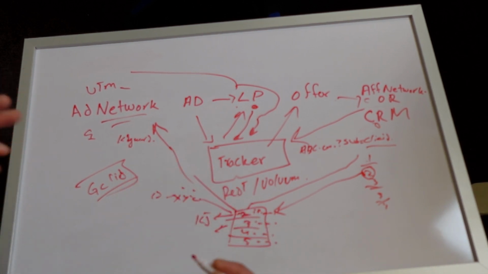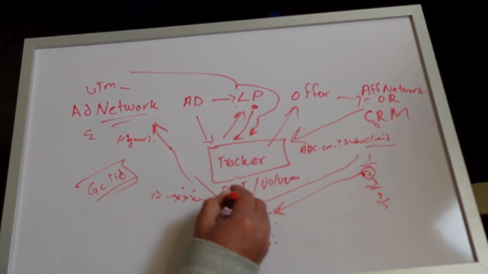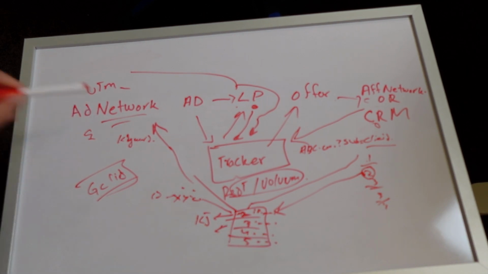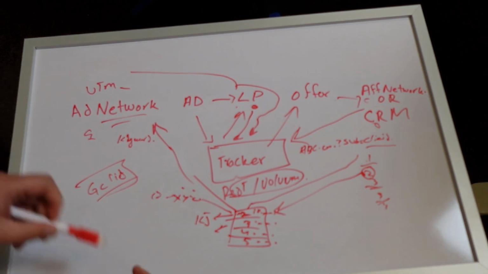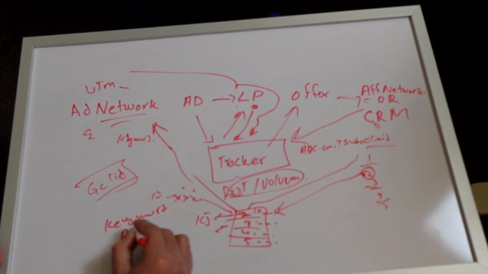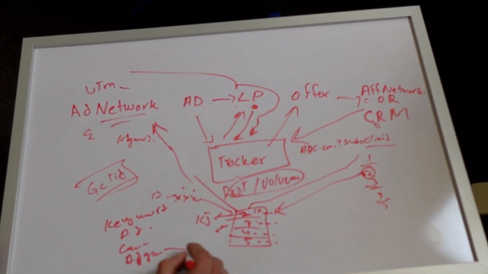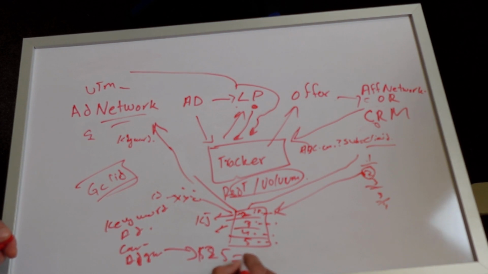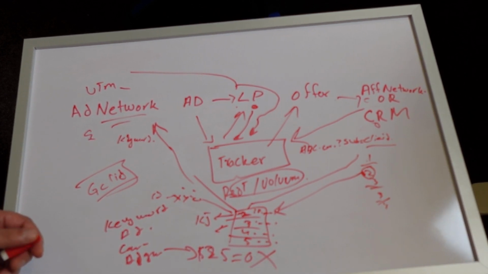Now, the second best feature these trackers have is also optimization. What does that mean? That means, let's say you want to block every keyword or ad or even campaign, ad group after a certain spend, like let's say if you're spending $25 and get no conversion, you can block that campaign.